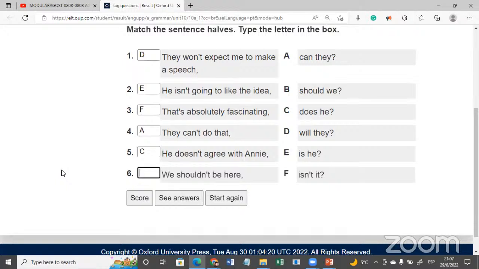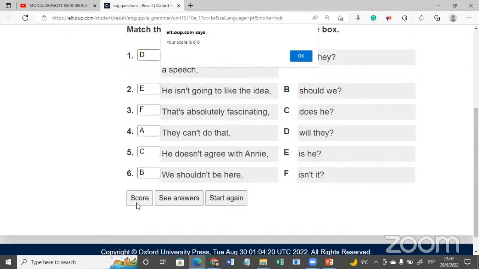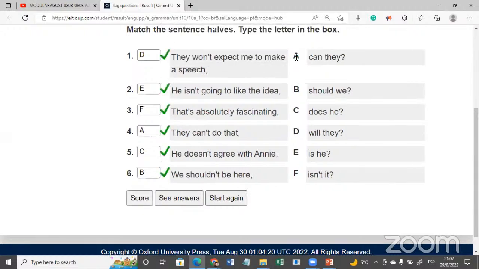B. Okay. Let's check. Very good. It is correct.